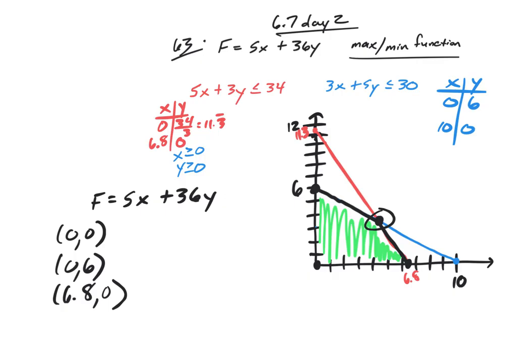Okay. And there's a couple different ways that you can do that. If you graphed it, if you solved for y and put it in slope-intercept form, you could just find the intersection of it, okay? But because we didn't solve for y here, then we got to find a different way of solving for that. This point is the intersection of these 2 equations, right?